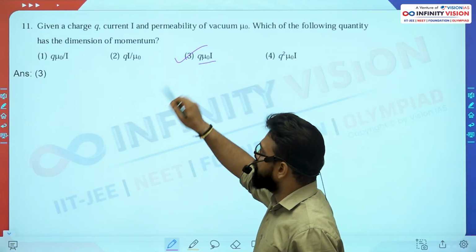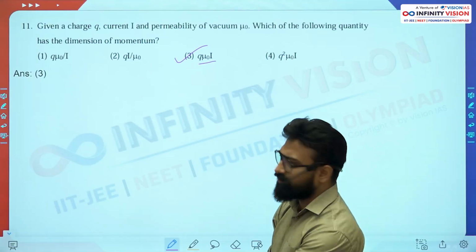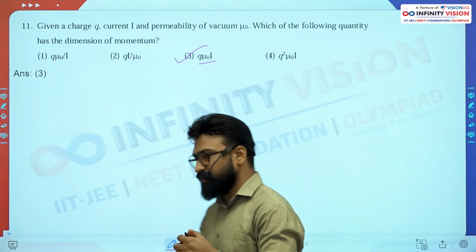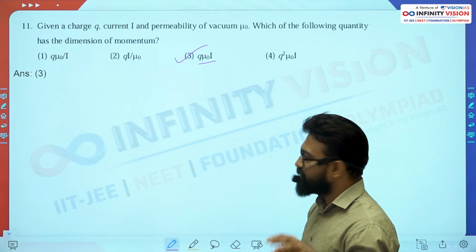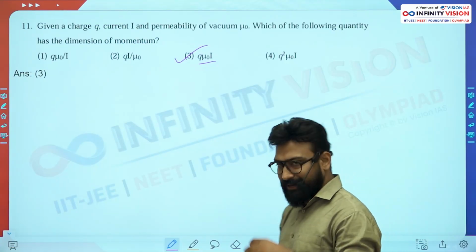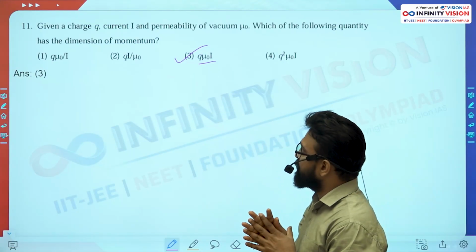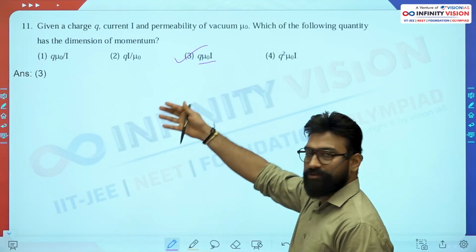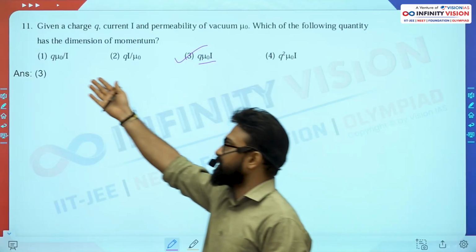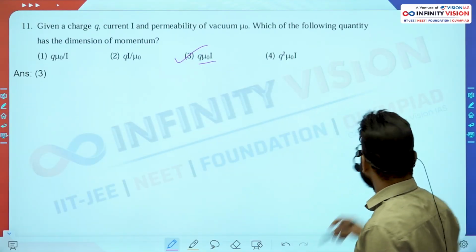Even if you know the formulas, you have to rearrange that formula to get into this equation. Otherwise, just put the dimensions in one by one and you'll get the third option as the correct option.